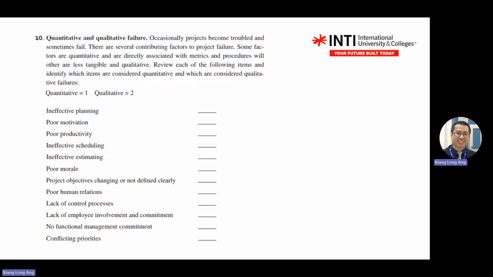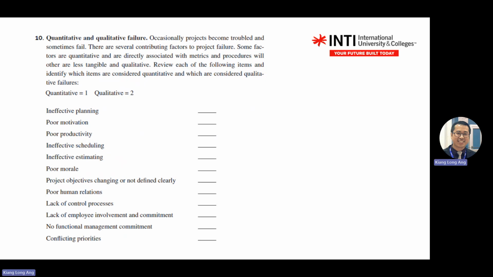Okay. Now there is a qualitative and quantitative failure. Qualitative is something that you can only describe, but it's very hard to count. Quantitative you can count. For example, time you can count: week 1, week 2, week 3. Qualitative is like project success or no success.